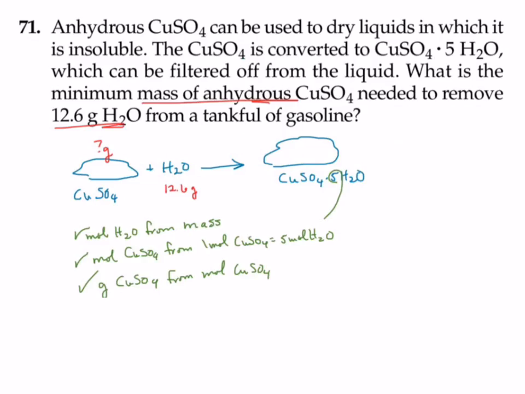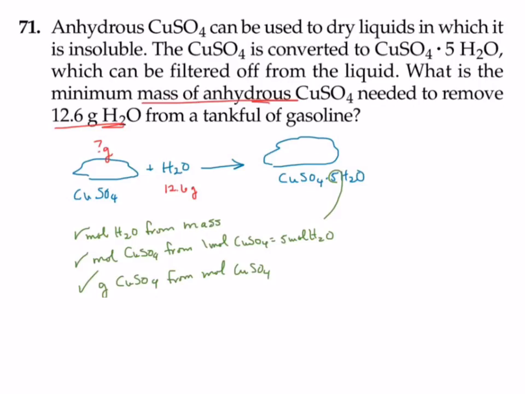The next one looks like this. And again, at the picture, don't read the word, just look at the picture. So in this case, you don't have a mass here, but you have a mass of water driven off. Okay, and you're supposed to come up with what is the mass of anhydrous. Oh, yeah.